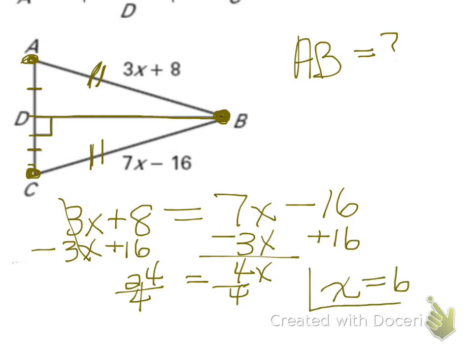Now, they didn't ask us just for x. We have to find AB. So AB equals 3x plus 8.